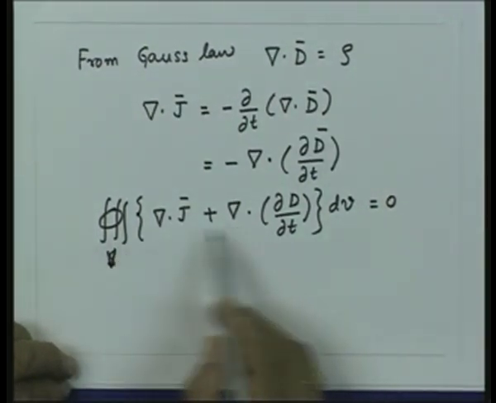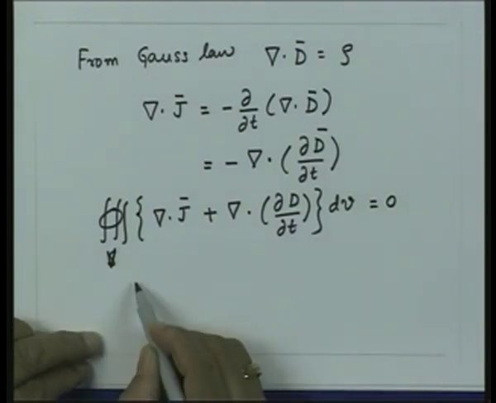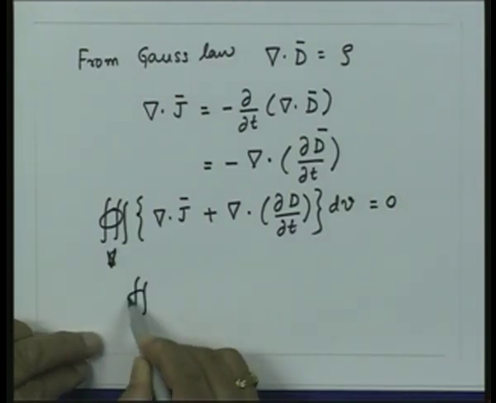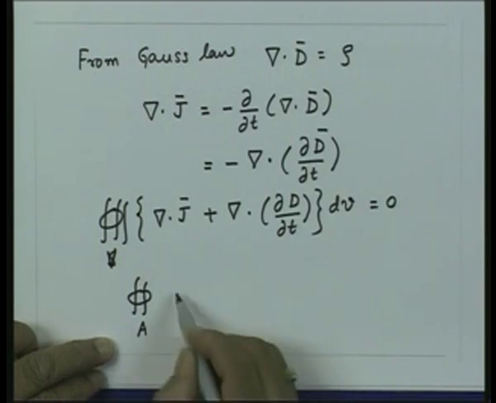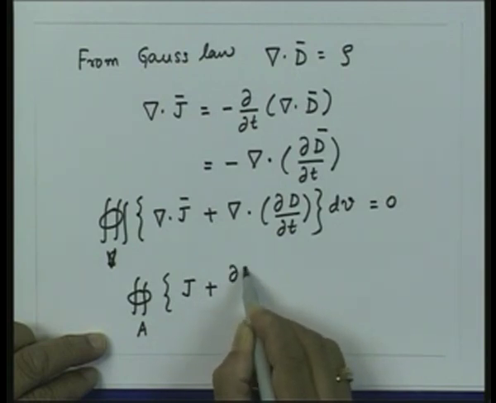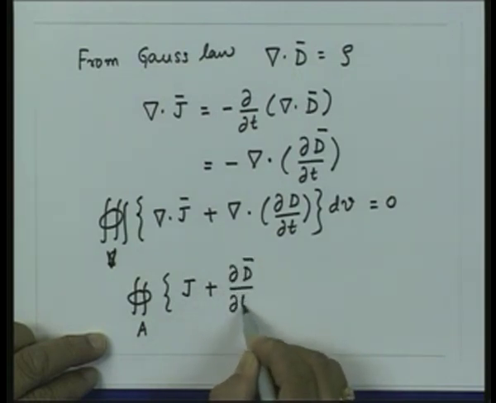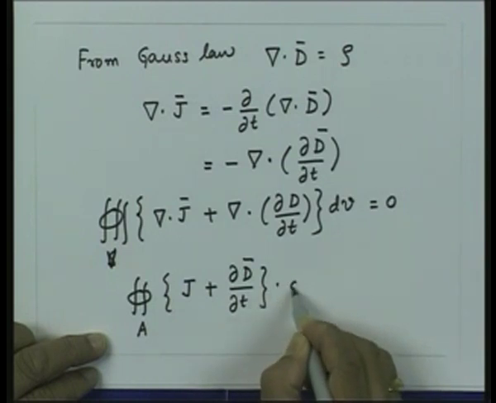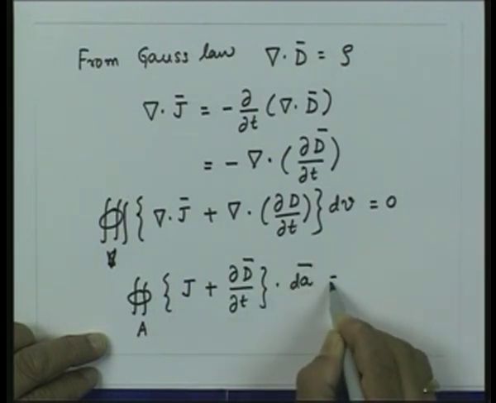From here, again using the divergence theorem, this can be written as the integral over the surface area A of J plus dD by dt, dot dA, that should be equal to 0.